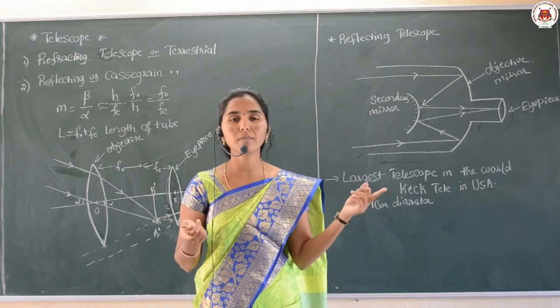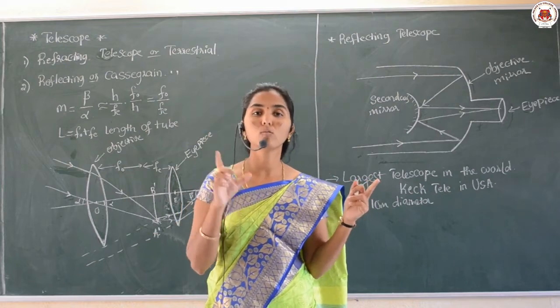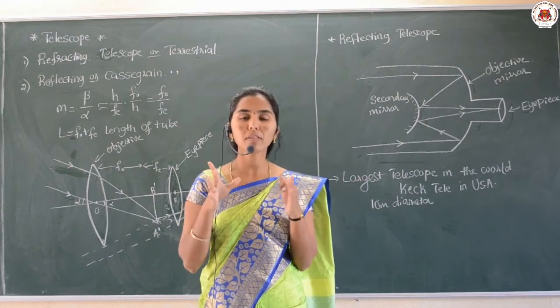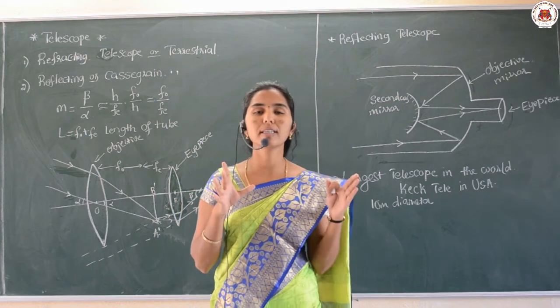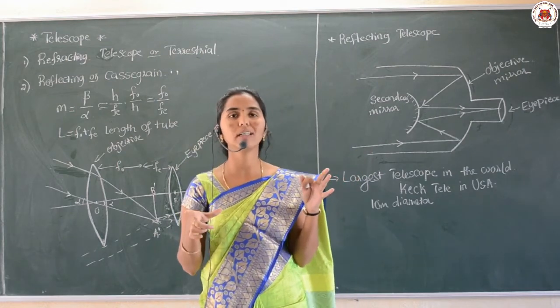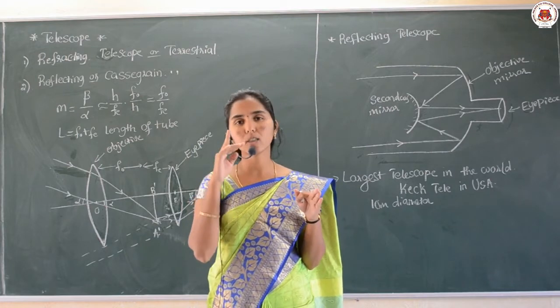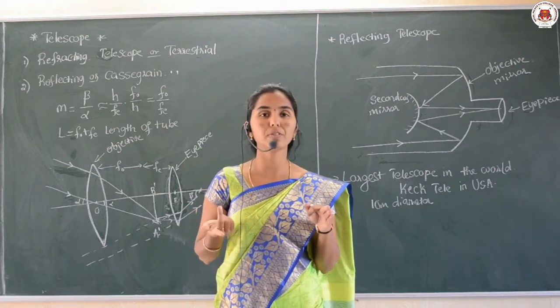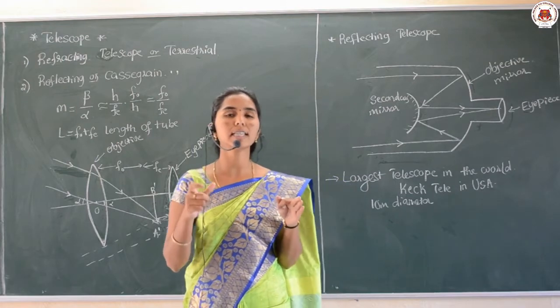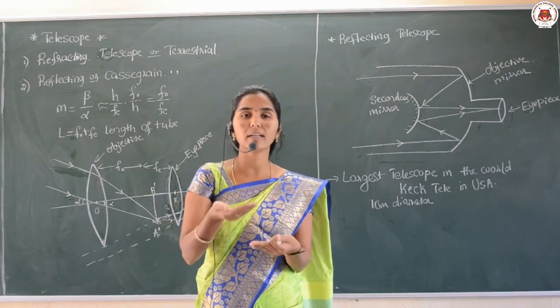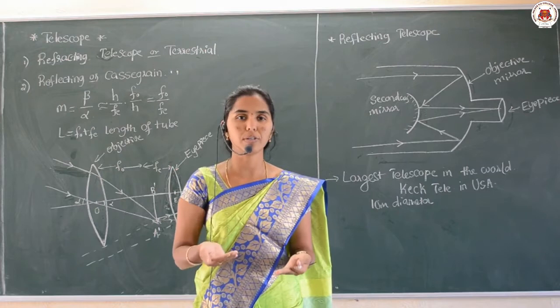The other we call the eyepiece, which has a large focal length and a large aperture. The eyepiece is near to the eye where we are doing the observation. The objective lens is near to the object that is to be observed, right?